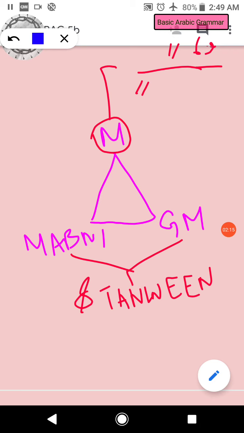The second point is that in the Munsarif Asma, the Rafa form is not similar to the Nasab form, and it is in turn not similar to the Jar form. So we have the Rafa form ending in un, then the Nasab in an, and the ending sound of the Jar configuration is in.